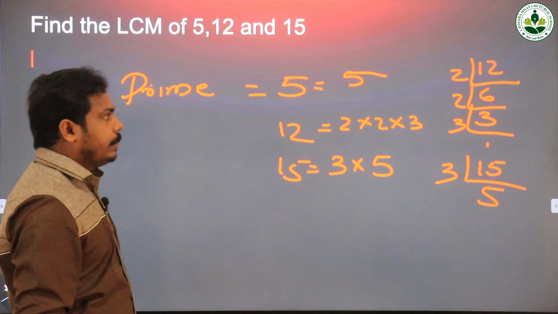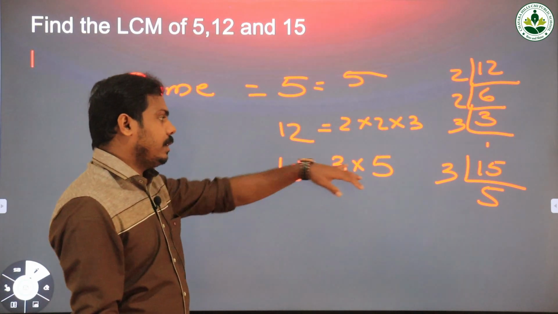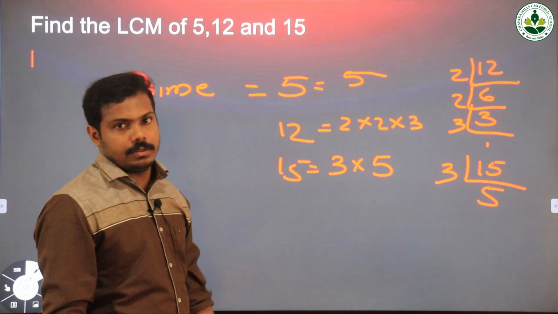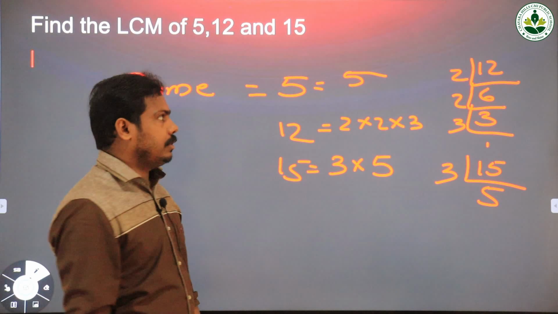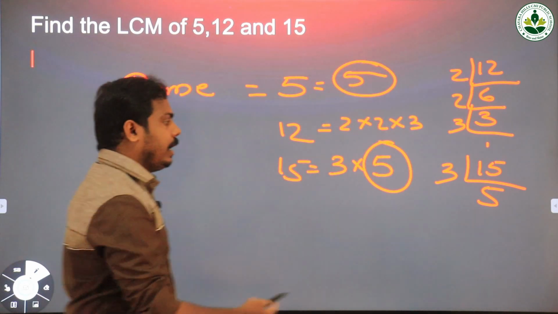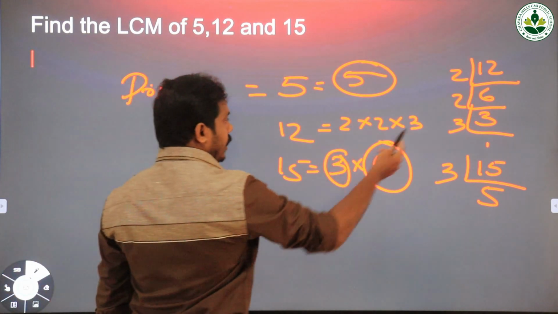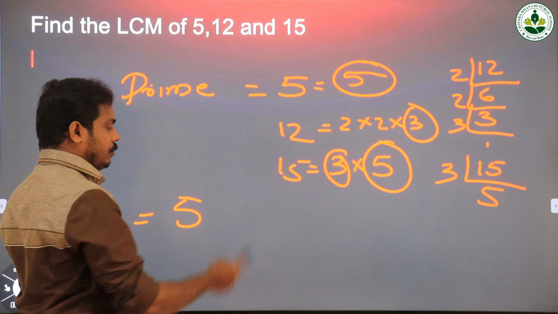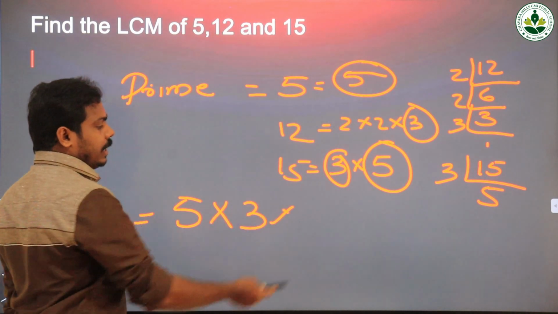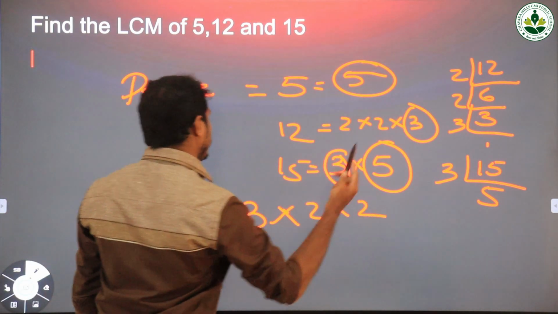So here we got the prime factorization of 5 is 5, 12 is 2 into 2 into 3, 15 is 3 into 5. Here we can't see any number common to all, but we can see 5 in 2 numbers. So take 1 from that, and we can see 3, so into 3, into the remaining numbers. Here 2's are remaining, so multiply 2 into 2.